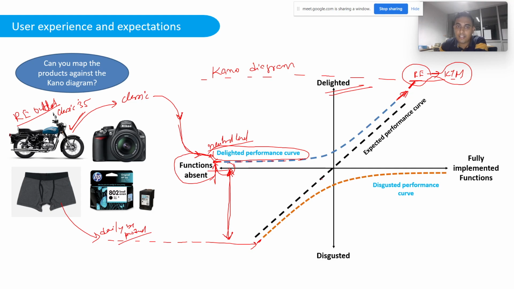There is no delighted experience when a product like this has a lot of features or actually satisfies you. There is no delight, because you are used to such products, so there is no new experience to get delighted by.